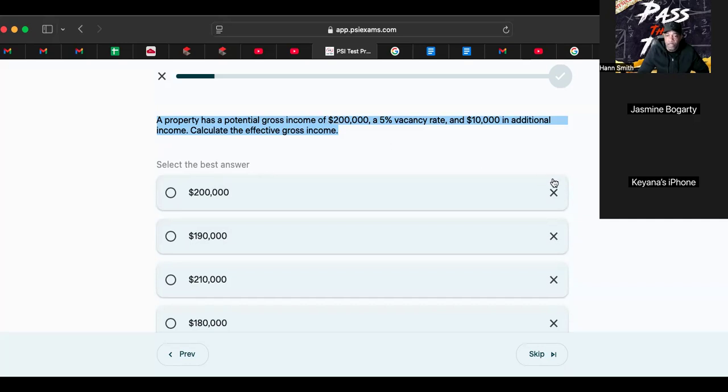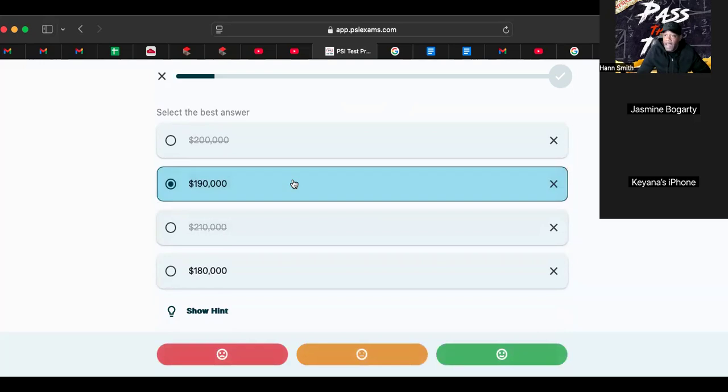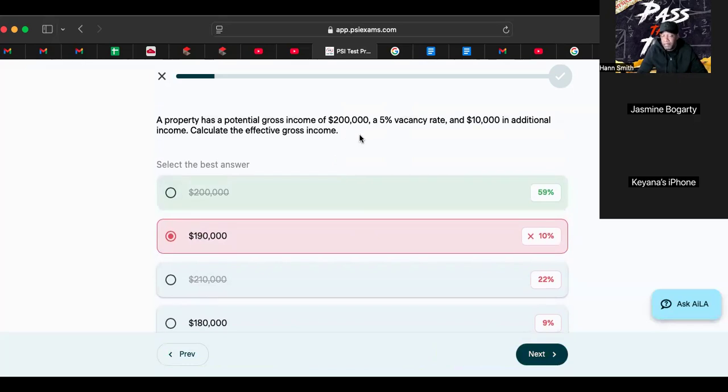They just told us that here, so we're going to line through that. We're going to keep 190, and we know it's not 210, because we know this additional income plus that is 210. But we got to take out this 5%. So we know it's not that. And I'm just not going to pick 180. So it's got to be 190. And I want to know why they didn't include the 10,000 in there.